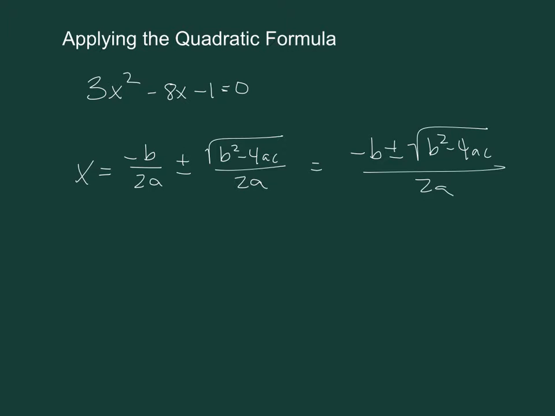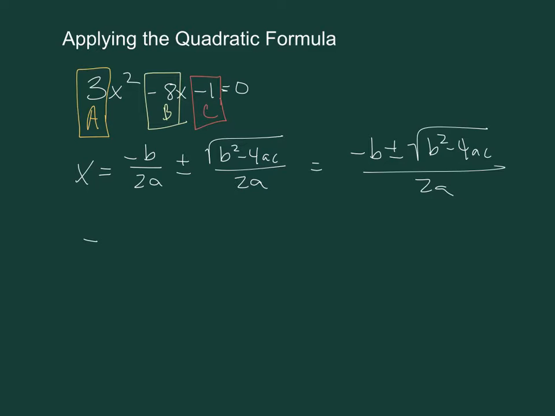So, first off, what we want to do is identify our a term, our b term, which is the negative 8, and our c term, which in this case is negative 1. So I'm going to plug those values in. Let me get back to the white marker.